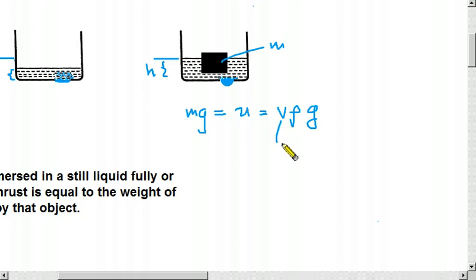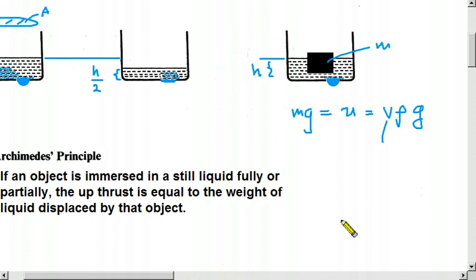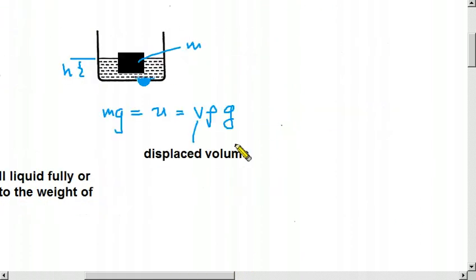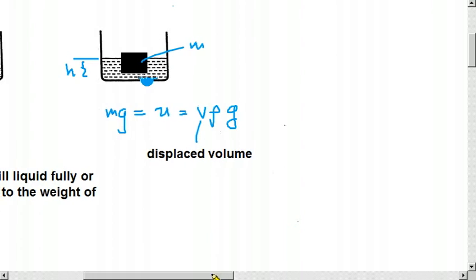Here V is the displaced volume of water. Altogether this one is the displaced weight after multiplying by density and g.